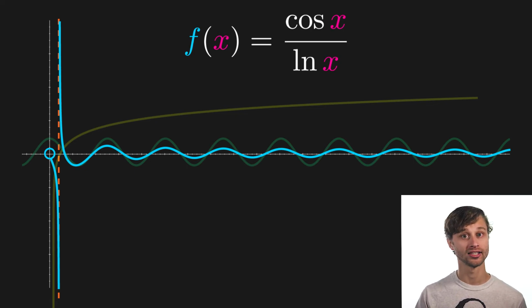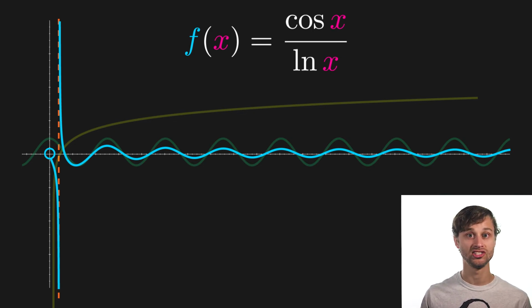Furthermore, we have this oscillating behavior up and down, above and below the x-axis, and that is due to the cosine function here. But the amplitude of the cosine function diminishes to 0 as x increases to infinity. That's because the amplitude of this cosine function is analogous to 1 over the natural log of x, and that whole part of the function, 1 over natural log of x, decreases to 0 as x approaches infinity.